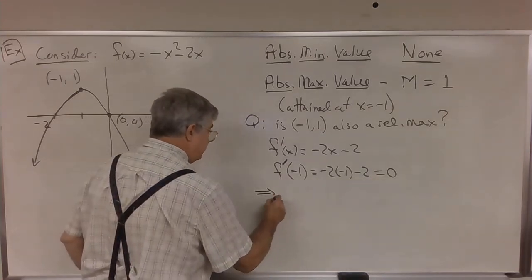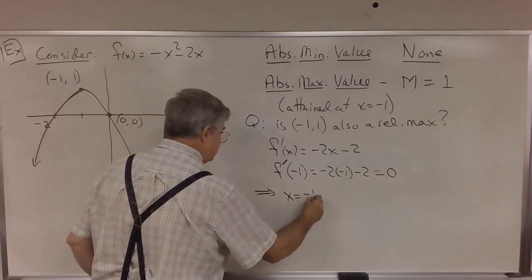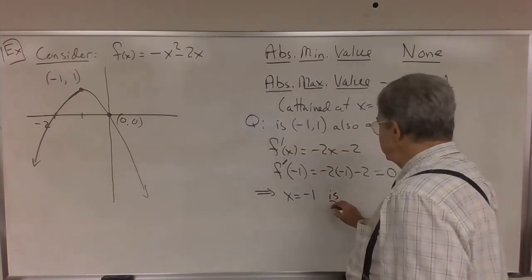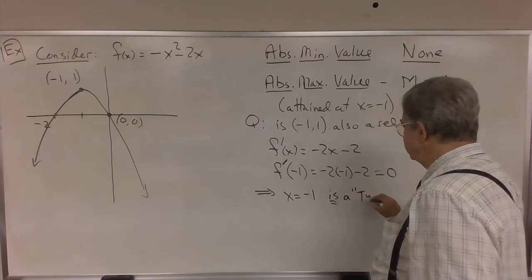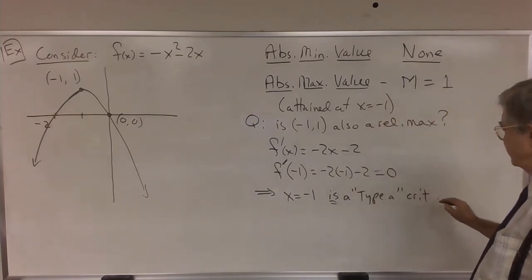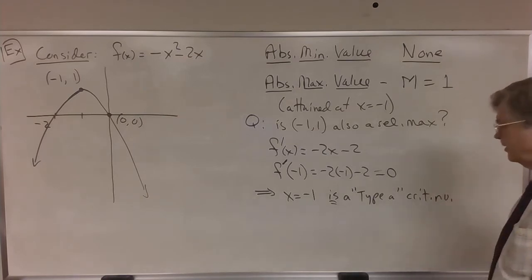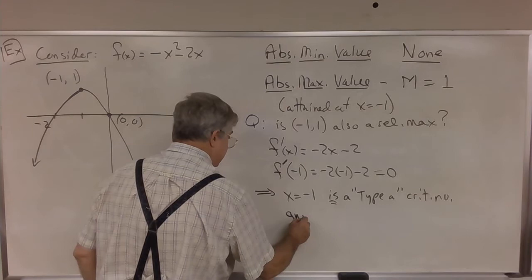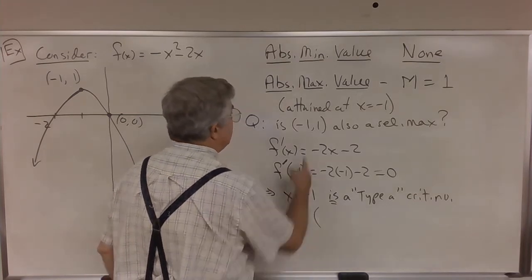So that tells us that x equal -1 is a type A critical number. And what?